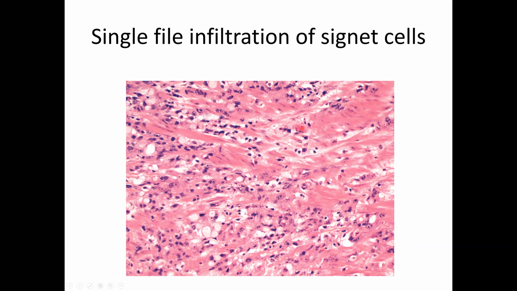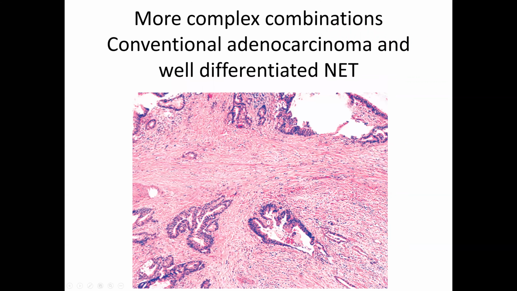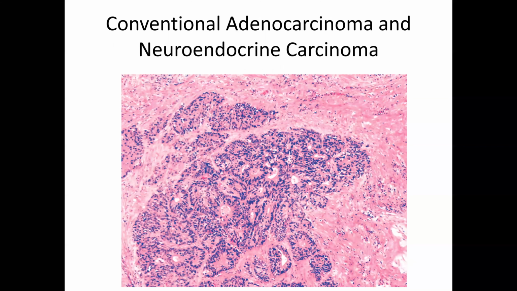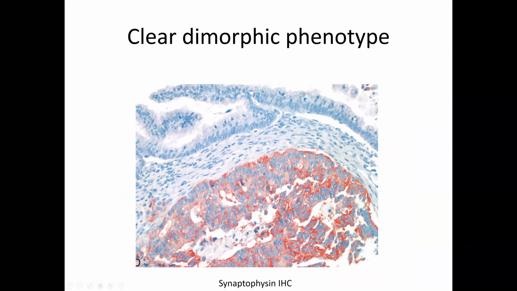You can see sometimes single file infiltration with these tumors, poorly cohesive tumors, or you can have a more conventional type adenocarcinoma with areas not seen in this image that would be more typical, well-differentiated neuroendocrine tumor. And here's a more neuroendocrine type area resembling neuroendocrine carcinoma. Again, ideally, you've got the immunohistochemistry to back up the fact that you've got a biphenotypic pattern where some areas are clearly expressing neuroendocrine markers and others are not.